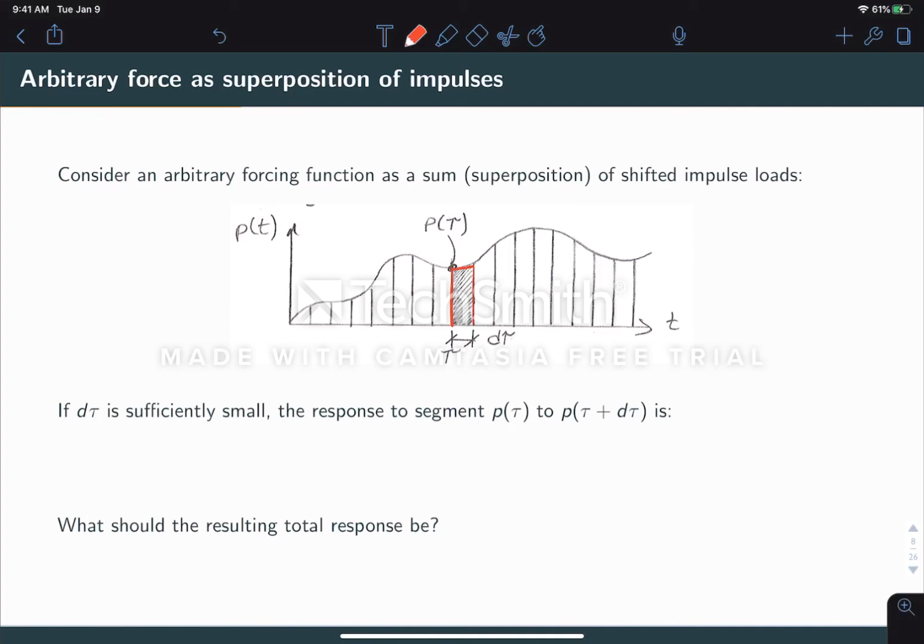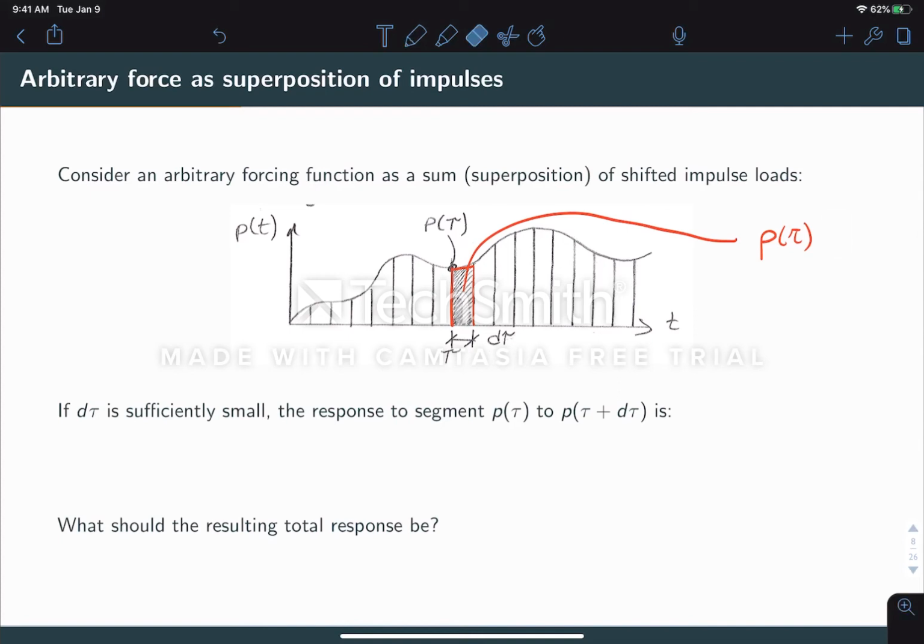And so we're going to treat that as just a rectangular load there. So the area of this impulse is going to be p of tau, the value of the force at that moment in time, times delta tau.